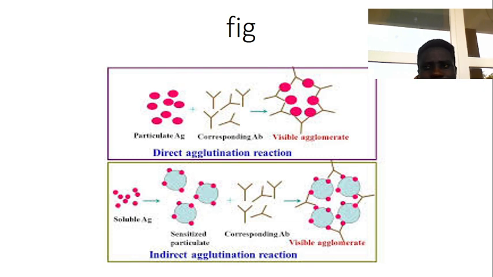Those supportive molecules help the antigens to bind easily with the specific antibodies, to be easily visualized, to react easily and clump easily, with the help of some molecules that are proteins or other chemicals that increase the rate of reaction or compact the antigens together to form a reaction.